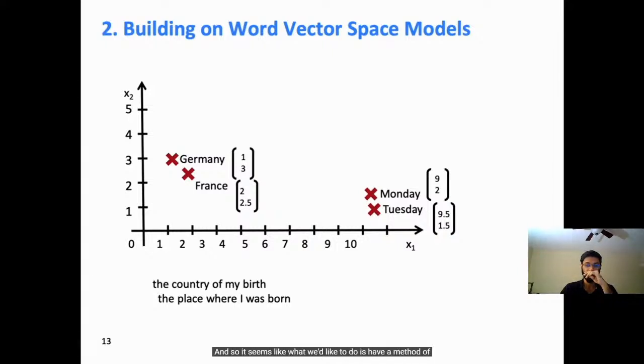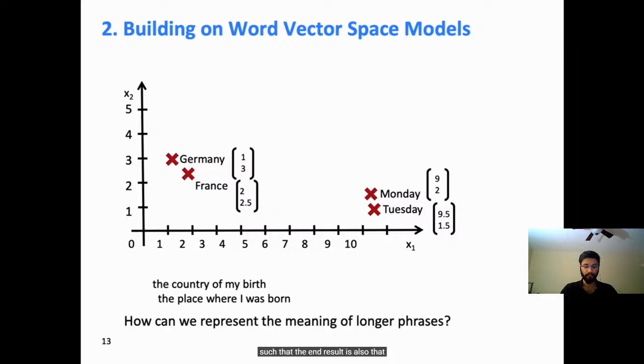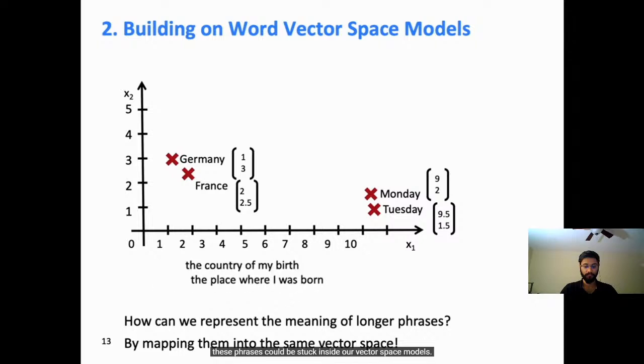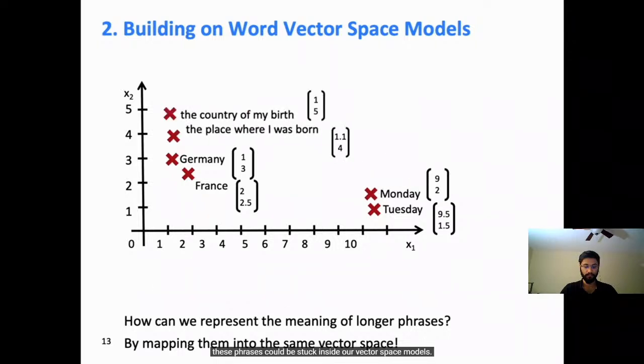And so it seems like what we'd like to do is have a method of computing the meaning of any phrase in a compositional manner, such that the end result is that these phrases could be stuck inside our vector space model. So we're still going to stick with a vector space semantics of phrases, and we want to compute the meanings of phrases.